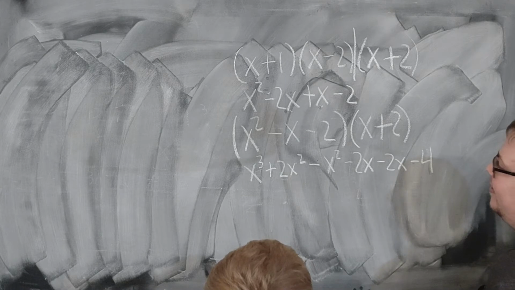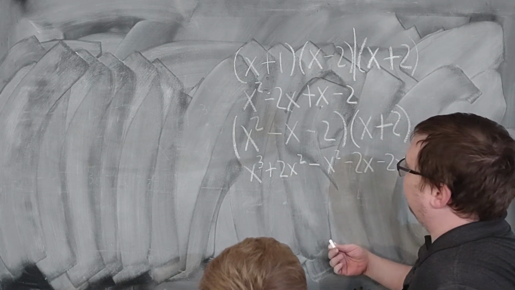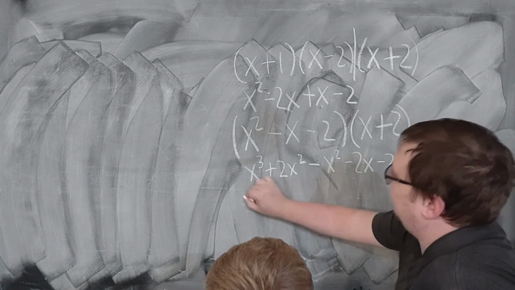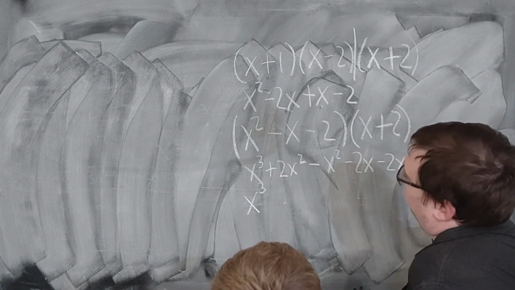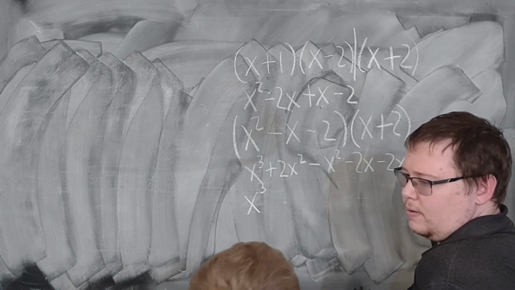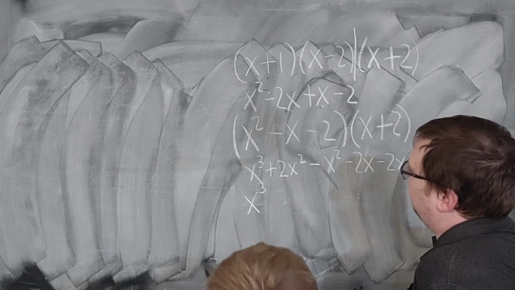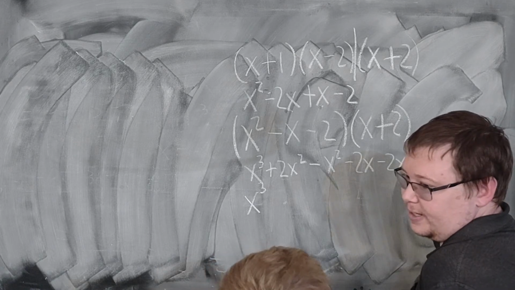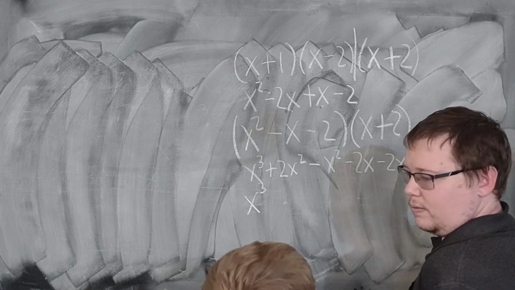Yes. There's 2x squared. There's 1 x cubed. Can't change that. Plus 2x squared. Do we have any other x squareds to combine with it? Negative 1x squared.